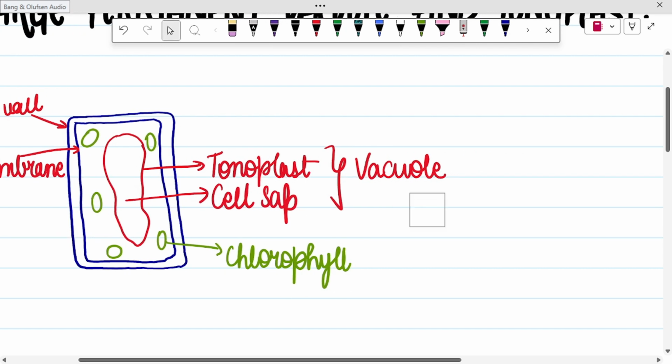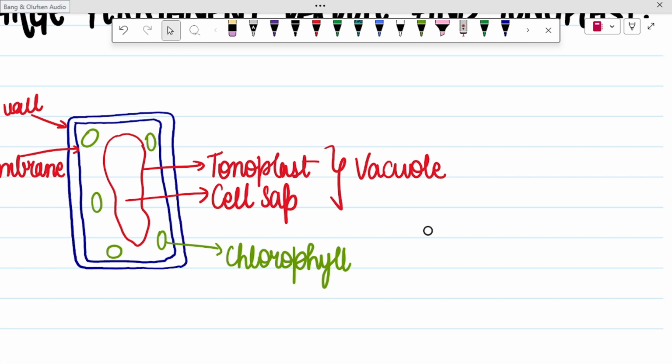It has a large permanent vacuole. The content of your vacuole are known as the cell sap, and your cell sap is enclosed within the membrane known as tonoplast. So the membrane covering your vacuole is known as tonoplast. Now this tonoplast, like your cell membrane, it is selectively permeable.